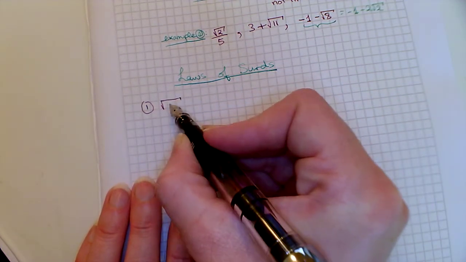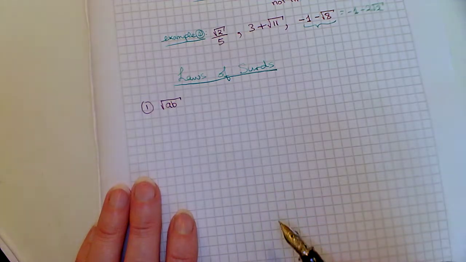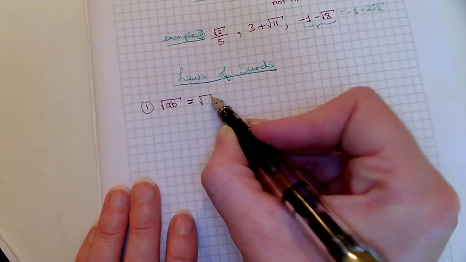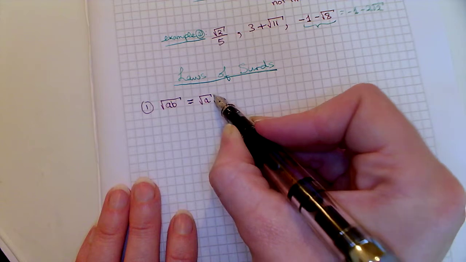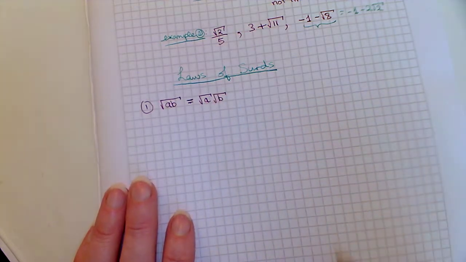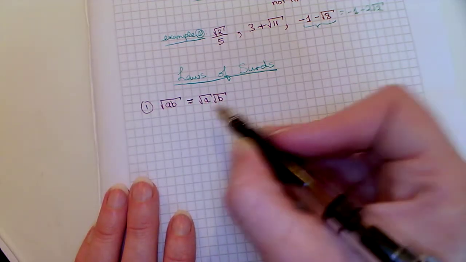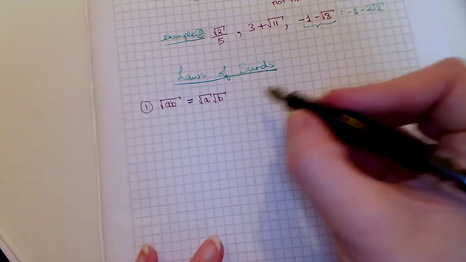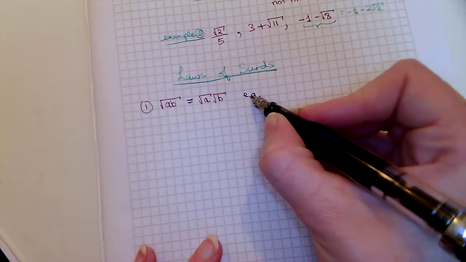If I have the square root of 2 numbers multiplied together, then I'm allowed to change that to the square root of each number multiplied like this. It's a little bit hard to read when it's just got A's and B's like that, algebra style, so let's look at an example with some numbers.